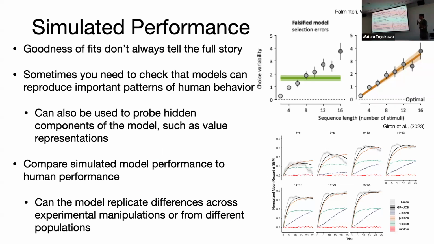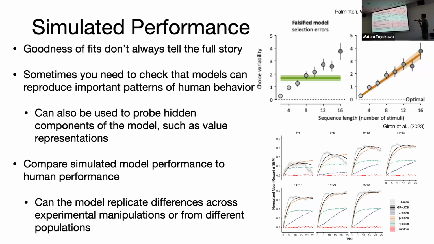And so sometimes an important check is to see that the models can actually reproduce important patterns of human behavior. This is proposed in this great paper by Stefano Palminteri, where they were able to falsify one set of models that were invariant in choice variability to the sequence length, whereas their winning model was able to capture that, right?